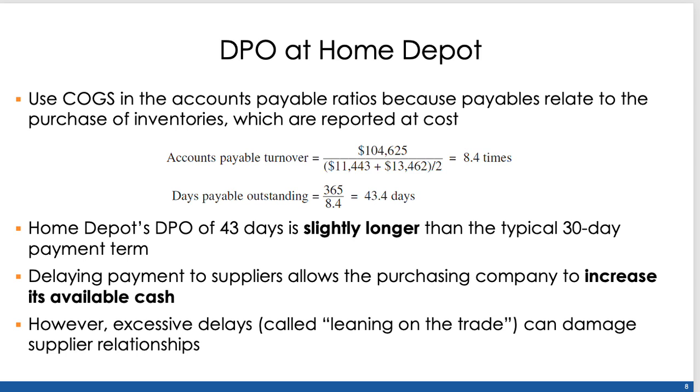And so you can see here in Home Depot's case, accounts payable turnover calculated about 8.4 times, which yields a days payable outstanding of about 43 days, which is slightly longer than the typical 30-day payment term that most vendors will provide, which means that Home Depot has gotten fairly good at slightly delaying its suppliers, allowing Home Depot, the purchasing company, to increase its level of available cash. And so the point here is, are you able to lean on your vendors' patience, leniency, and grace without souring your relationships with them, right?